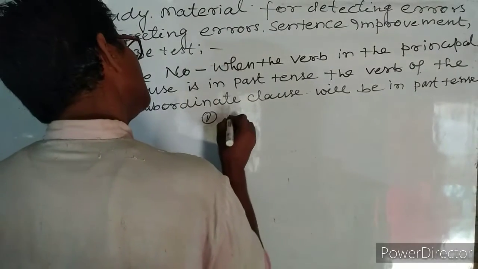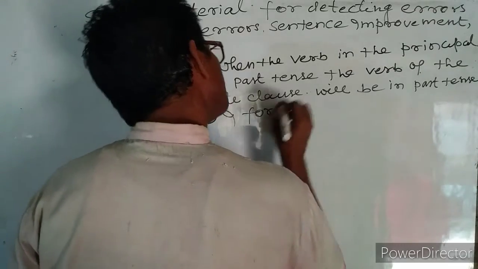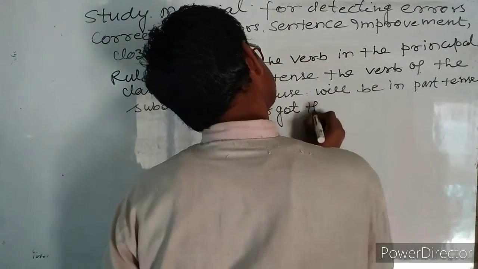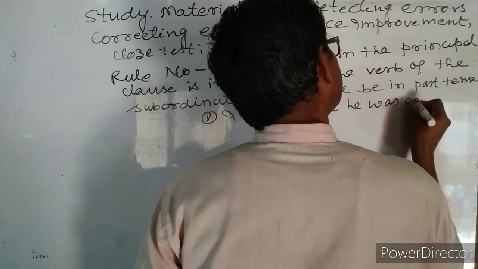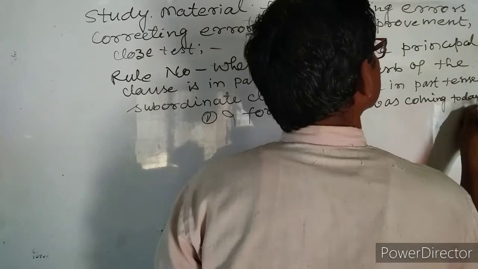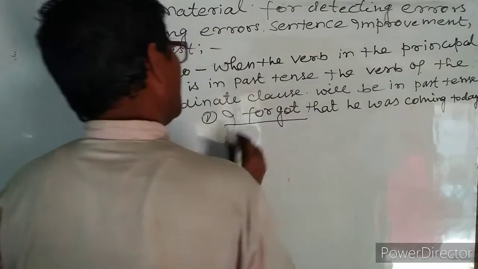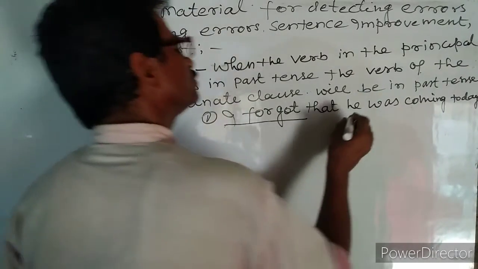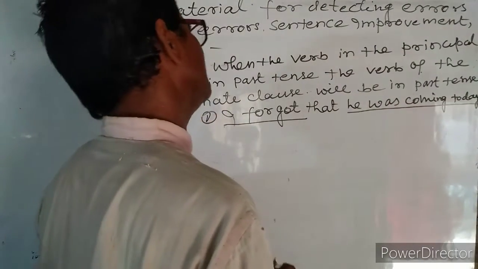Now here is the example. I forgot that he was coming today. In this sentence, the principal clause is in past form, so the condition of the subordinate clause should be in past tense.